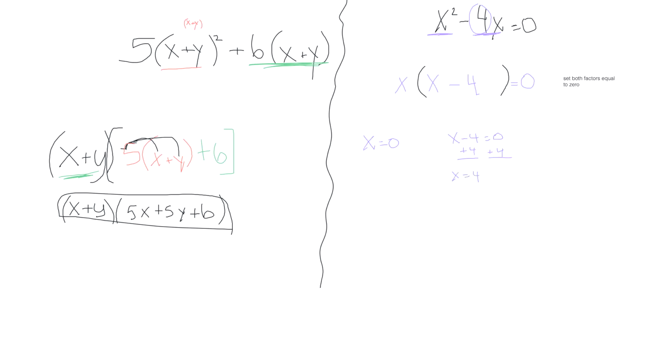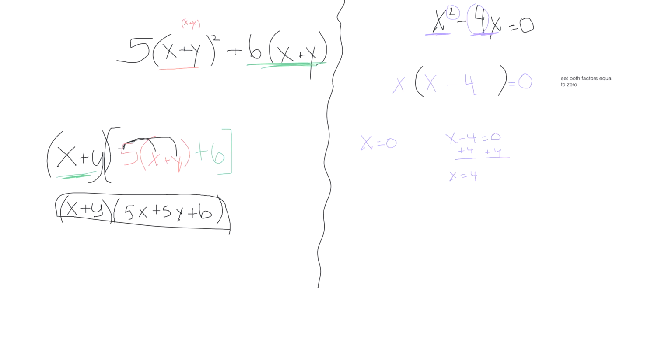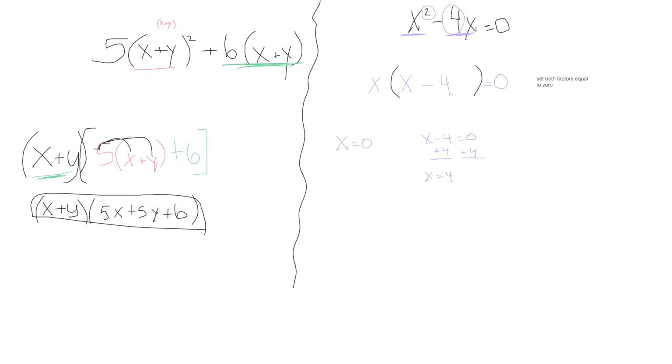And I have two answers because my highest variable squared in that equation is a 2. So I'm going to have two answers. I have x equals 0 and x equals 4.